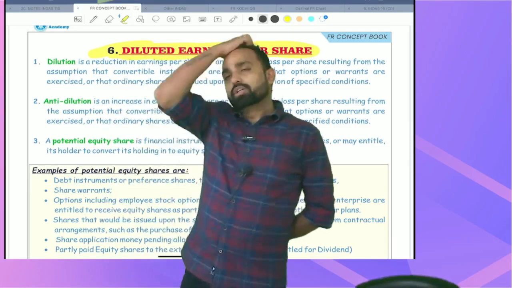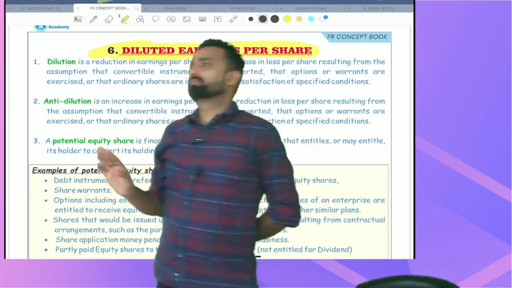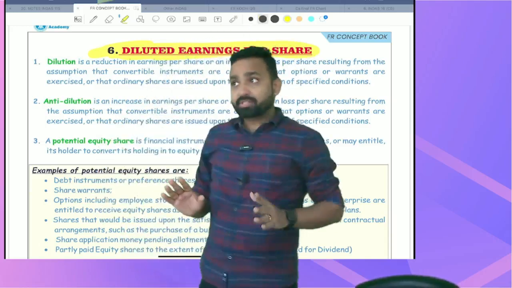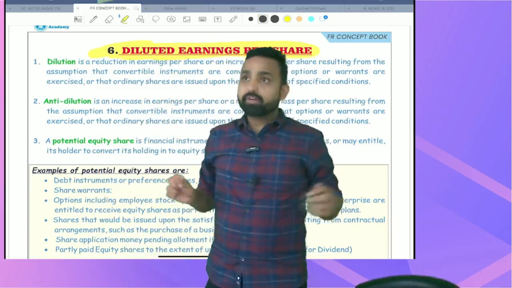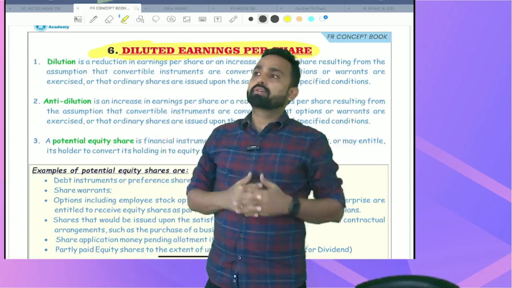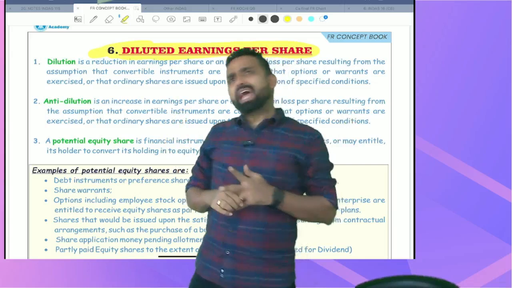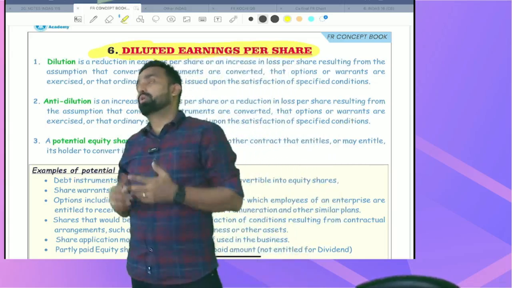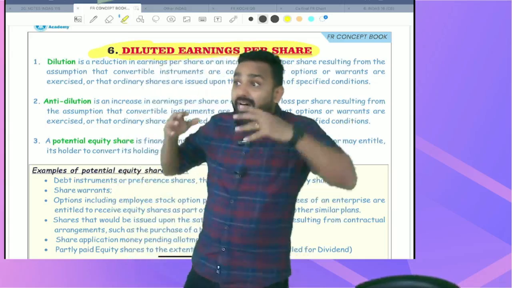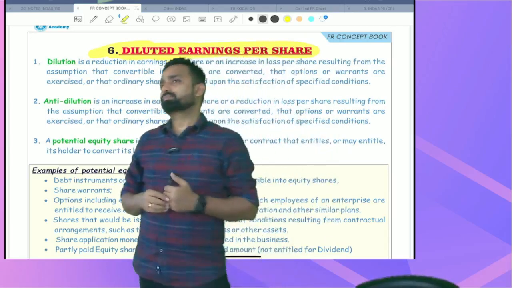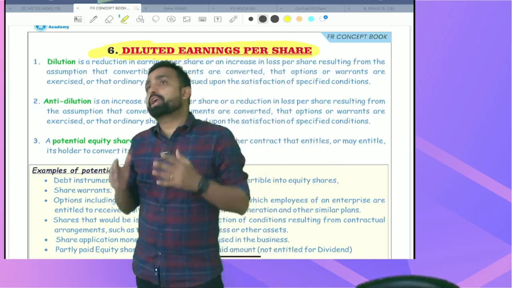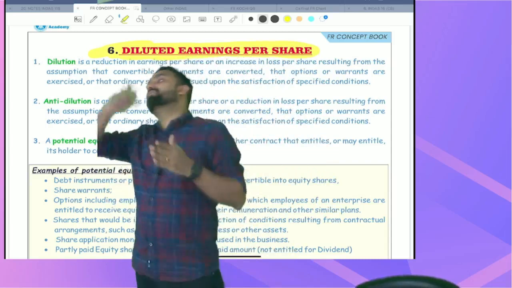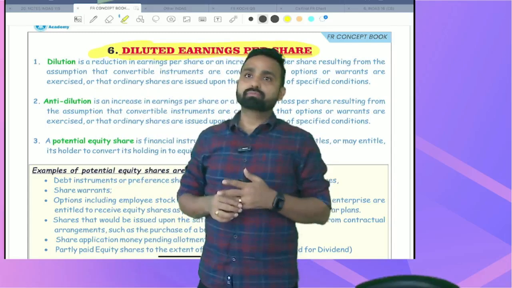Very good. The simple understanding is, when we have ordinary equity shares, we calculate EPS. But we have something extra. It's not equity, we have something more. We have some other securities, and those securities have the potential that they may convert into equity in the future.